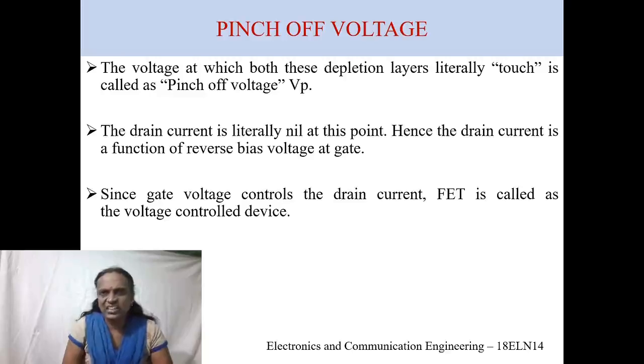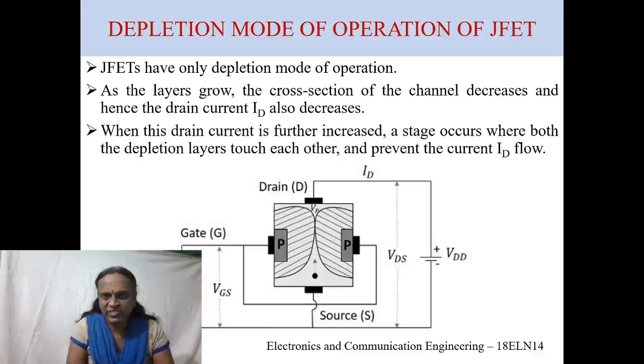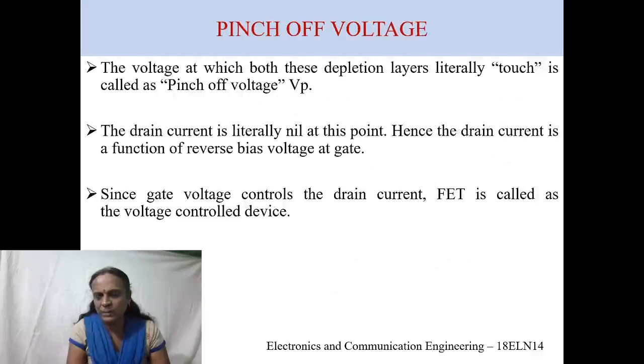Hence the point at which these two depletion regions touch each other, and that particular applied voltage at which the depletion regions touch, is called the pinch-off voltage, represented as VP.